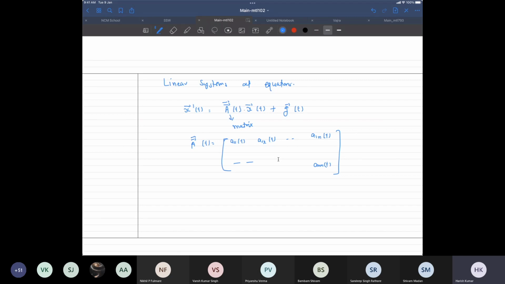Because note that if you take an interval in t, something like this, and let's call it I, then if the aij's are continuous on I, this implies that if we write it in the form of the nonlinear system, f will be Lipschitz continuous.